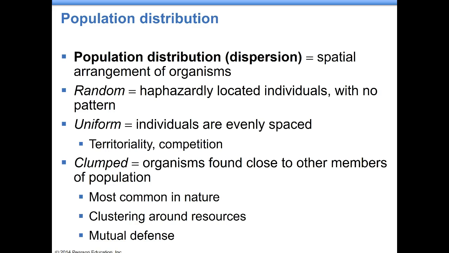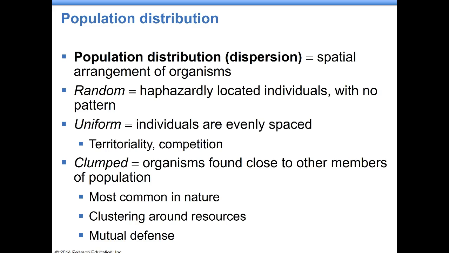We're going to see random population distribution, which is just kind of haphazardly everywhere around where the individuals are located. There isn't any particular pattern to it or grid or any rhyme or reason, they're just there. And then we're going to look at the uniform population distribution.